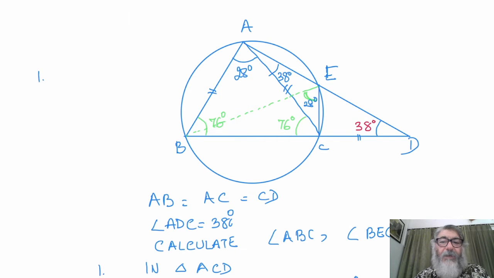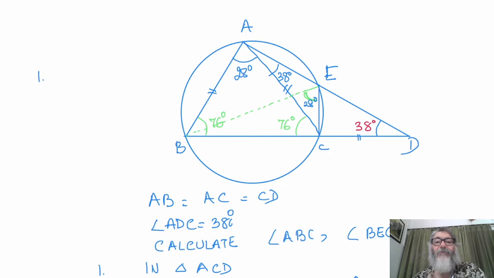Each will be 28 degrees. So we have got all the angles. For calculating two angles, we had to calculate many things. How did we start? We were given ADC. From ADC, we said that ADC and CAD will be equal. Why? Because AC is equal to CD.